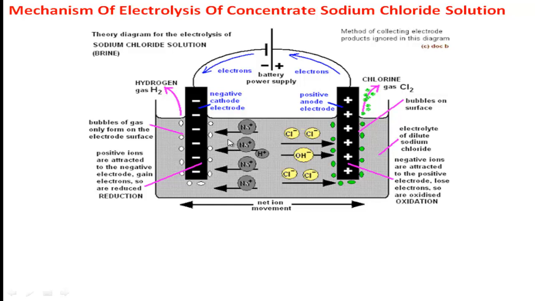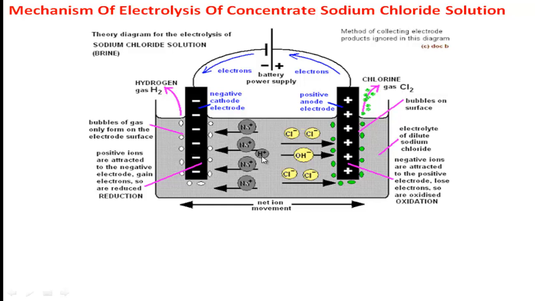When we connect these two electrodes with the battery, what will happen? This is the cathode, the negative electrode. The cathode attracts cations, and the cations present are sodium ion and hydrogen ion. According to the electrochemical series, which we will see in the next slide, the hydrogen ion has more tendency to accept electrons than the sodium ion.